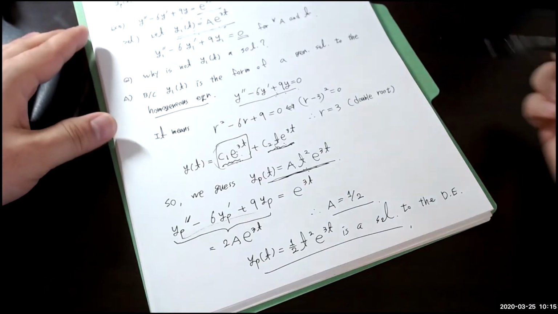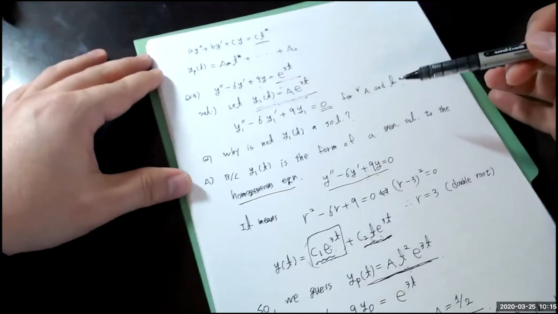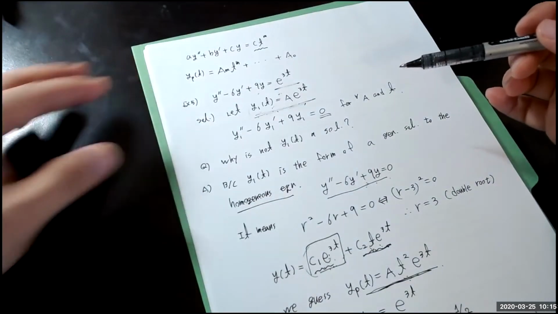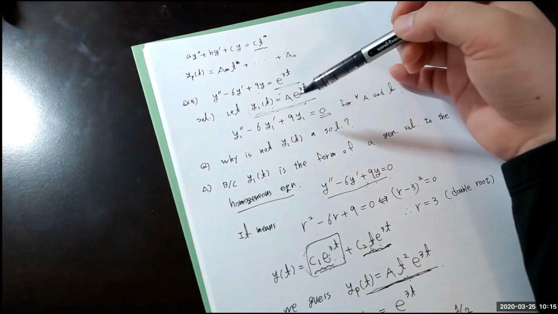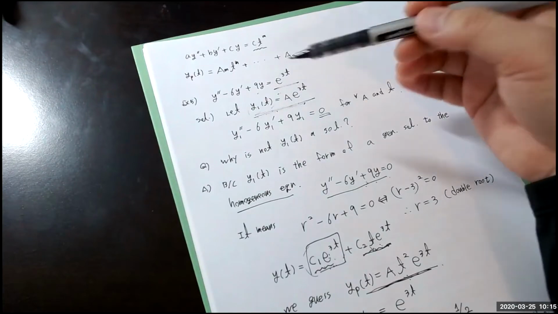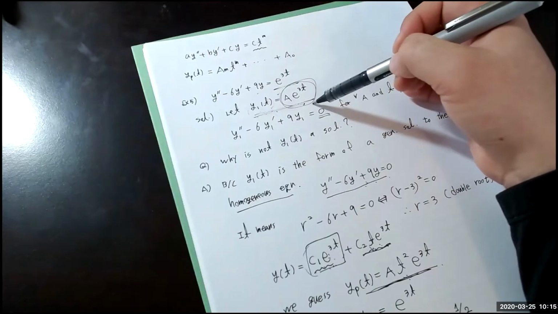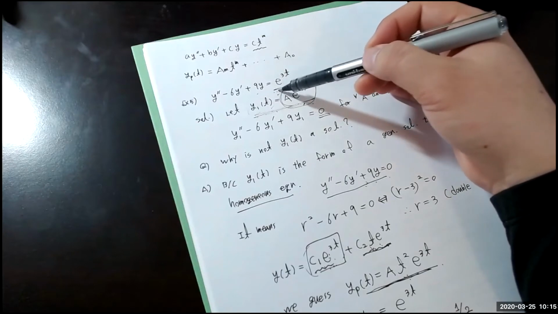Now, in what circumstance are we going to get this situation? Can you see how we got this? Why was a times e to the 3t not a solution of that non-homogeneous differential equation?